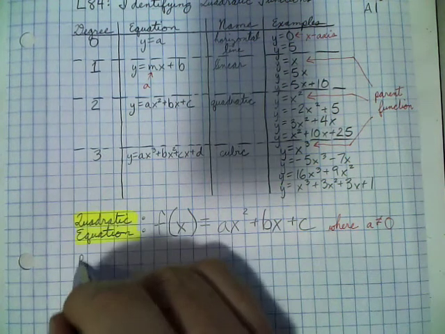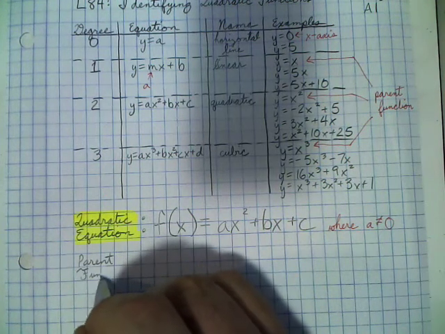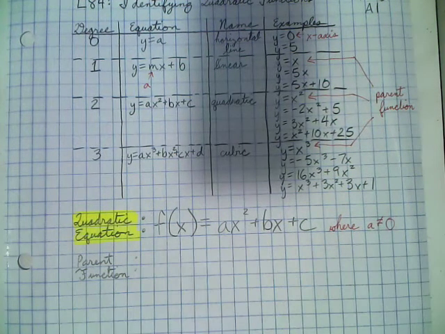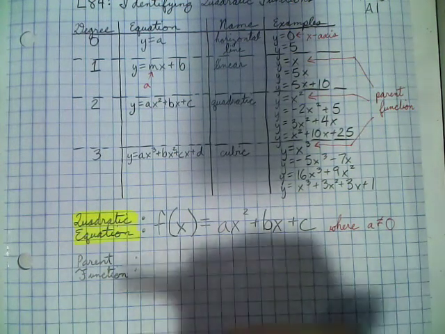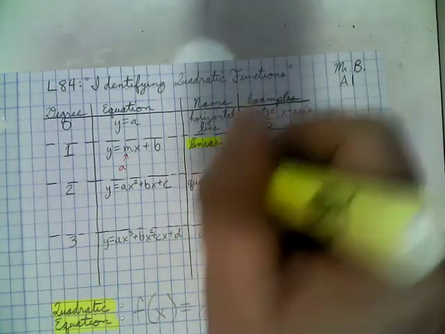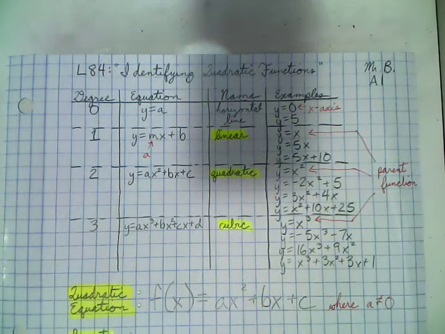So the parent function here, let's go ahead and grab our highlighter here. Actually, while we're at it, highlight linear, quadratic, cubic. Those are vocab terms.